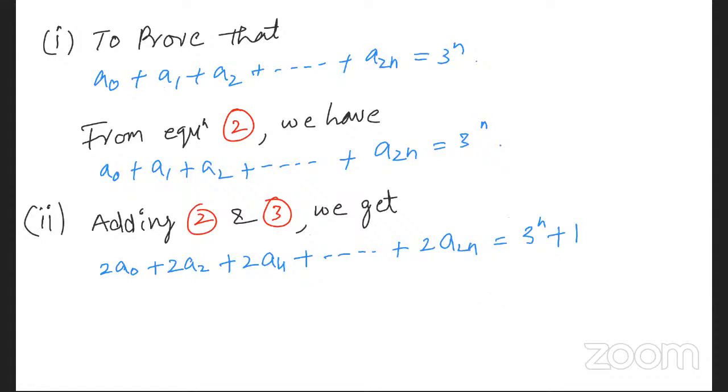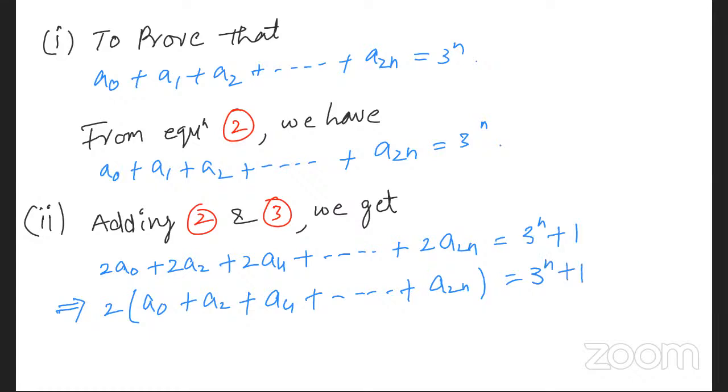This implies what is common? 2 is common throughout on the LHS. So you can write this as 2 into a naught plus a2 plus a4 plus so on plus a to n is equals to 3 to the power of n plus 1.